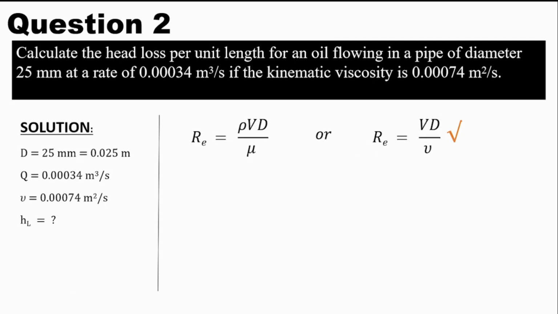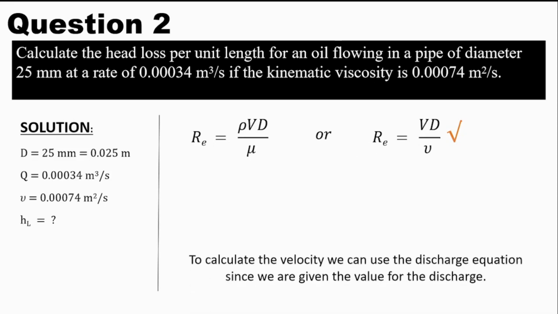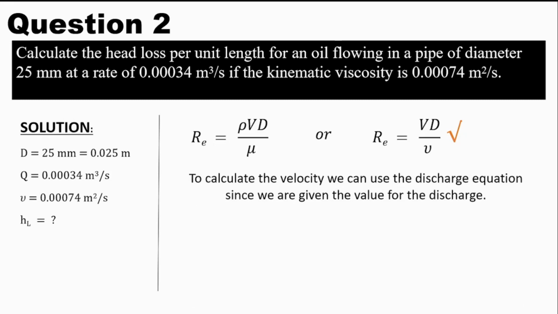So we have to use this equation to find the Reynolds number. Before we find the Reynolds number, we have to find the velocity using the discharge equation. If you have watched my previous video, I showed how to use the discharge equation, which is discharge equal to velocity of the fluid flow times the cross-sectional area of the pipe.